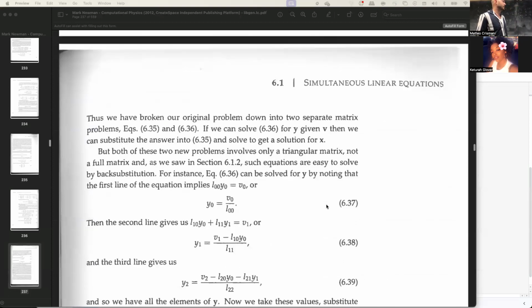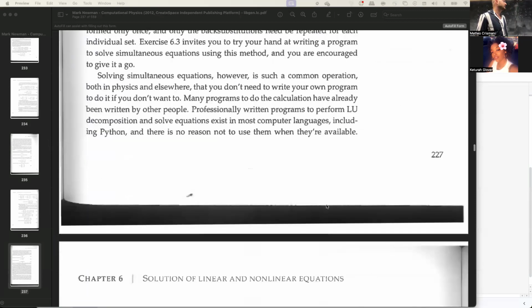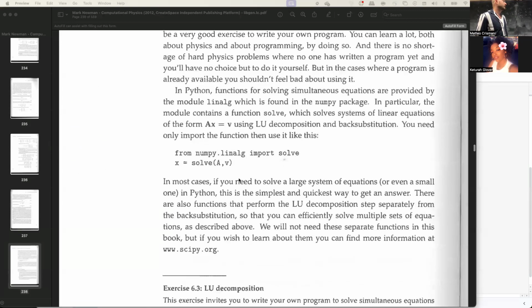So let's go ahead and go all the way down here. From numpy.linalg import solve. That's nice. That's really nice.